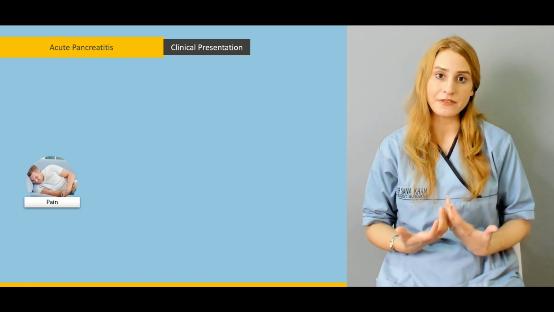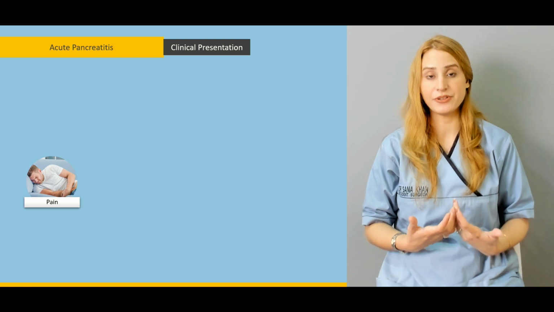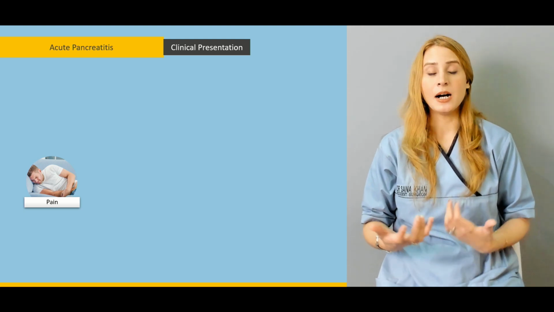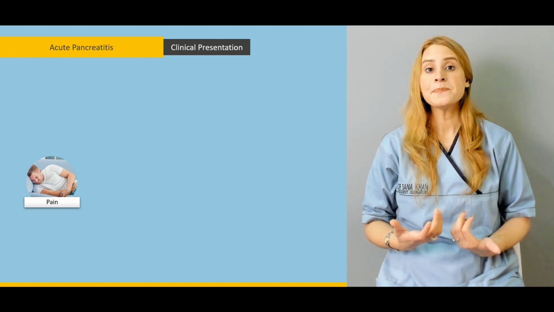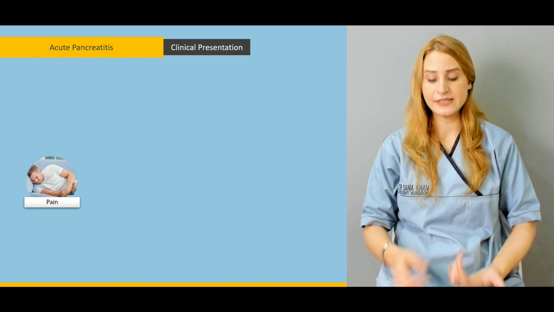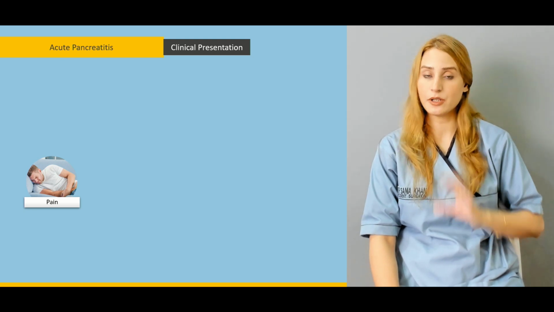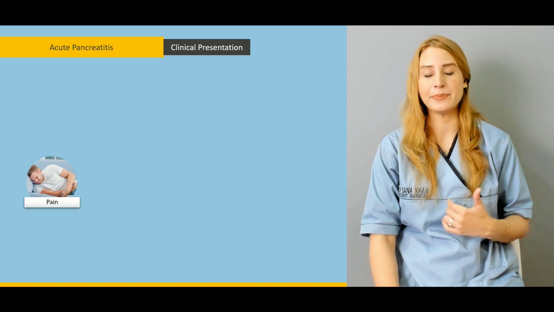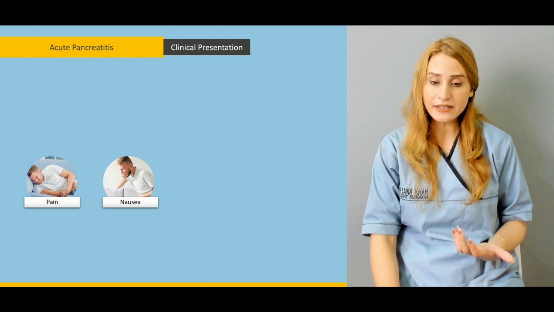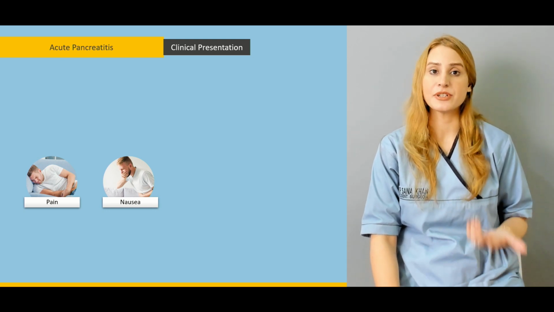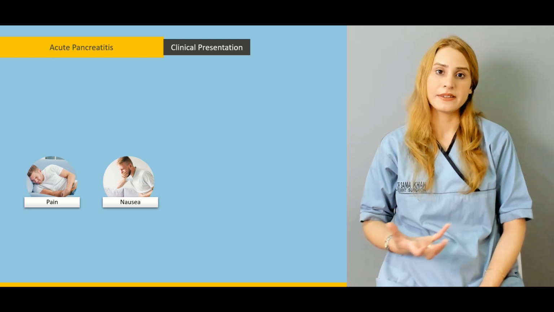So the patient will typically present with pain in the epigastric region, and because the pancreas is a retroperitoneal organ, the pain also radiates to the back, right? So the patient will give you a typical history: I've developed a pain in my epigastric region, and that is radiating to the back.